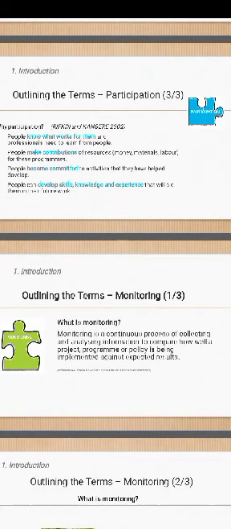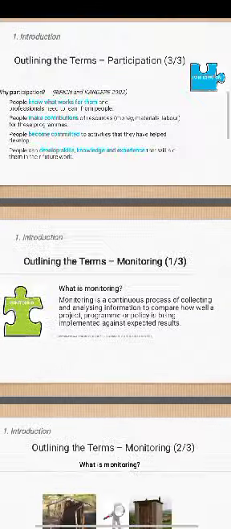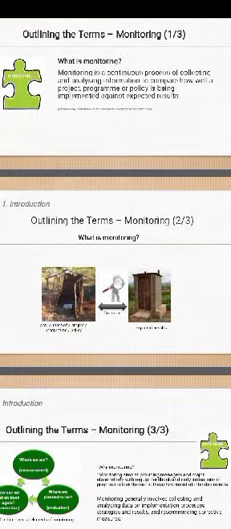What is monitoring? Monitoring is a continuous process of collecting and analyzing information to compare how well a project, program, or policy is being implemented against expected results. Let's continue with the term monitoring in slide 3 of 3.